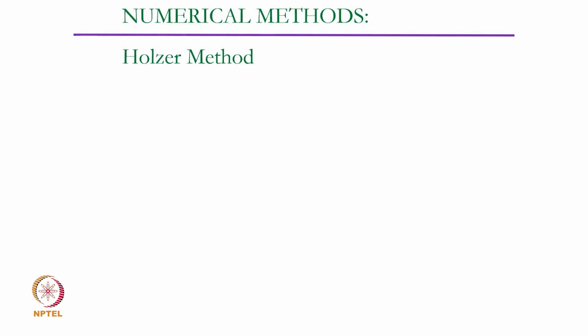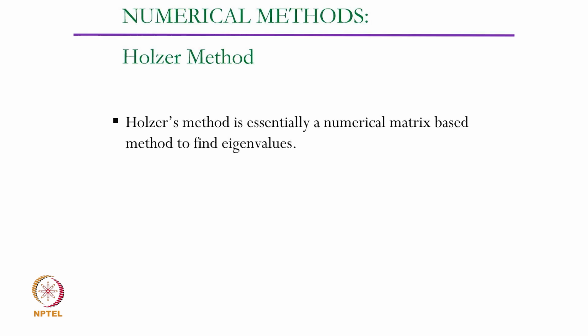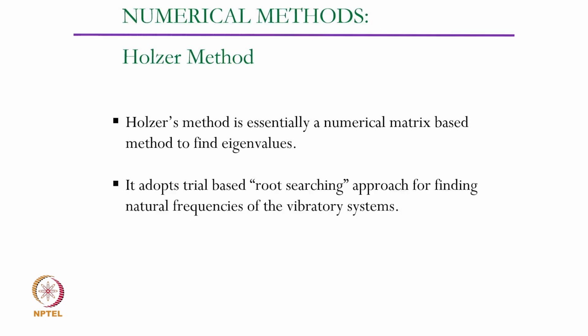So we start with the Holzer method, essentially designed for solving torsional vibration problems, but going by the way it is formulated, you can also use it for longitudinal or axial vibration problems. It's a numerical, matrix based method for finding eigenvalues, and the way it is formulated, we can't find closed form solutions by solving the characteristic equation.